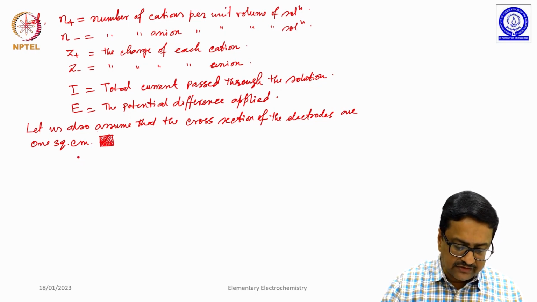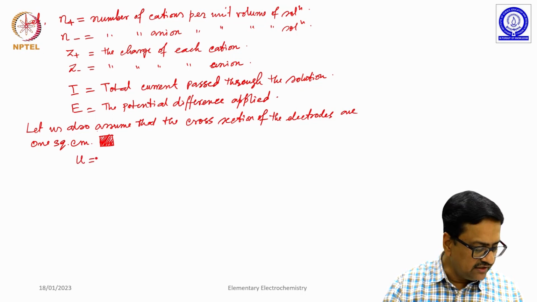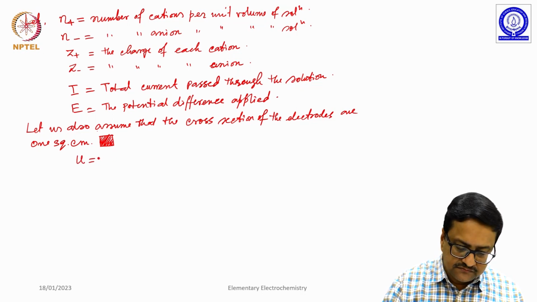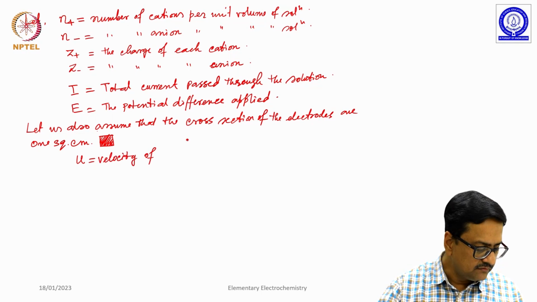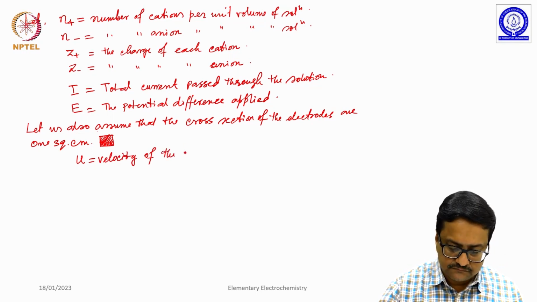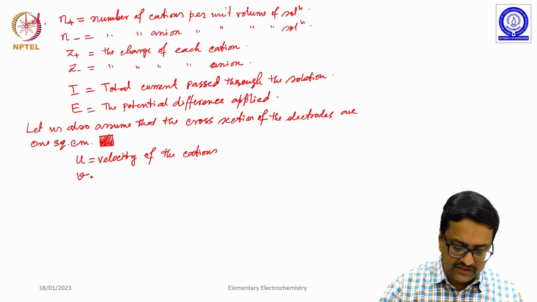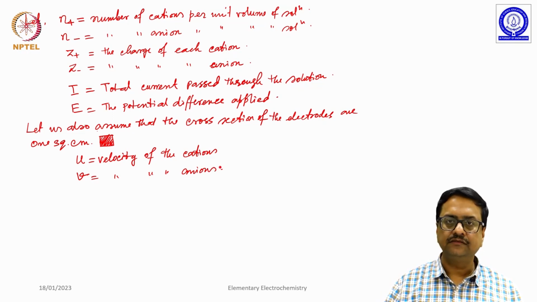And we also take that u is the velocity of the cations and v is the velocity of the anions, right?